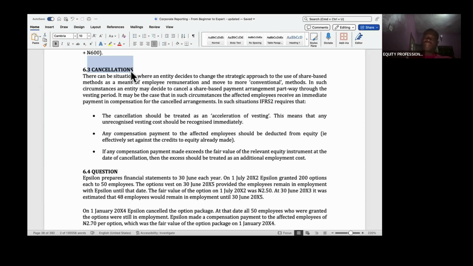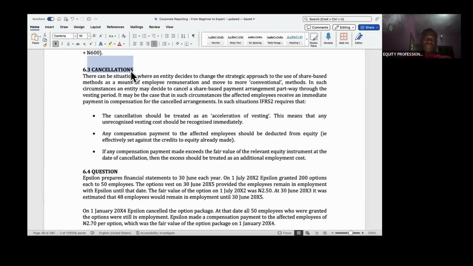That means that the equity settled share-based payment will vest immediately. So we need to get the value of the entire option at the date when it was canceled.